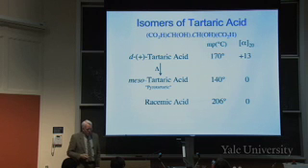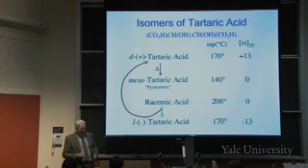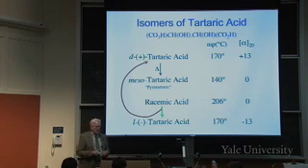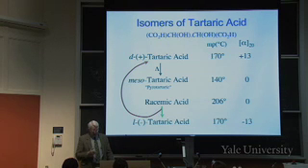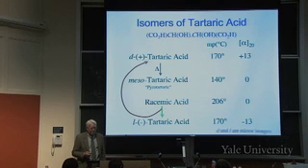Okay, so now he knows what's going on. That racemic acid is actually a 50-50 mixture of right-handed dextro-tartaric acid, D, that has a plus rotation, and left-handed tartaric acid, L, levo, which has a minus rotation, but the same melting point, the same rotation, but opposite in direction.